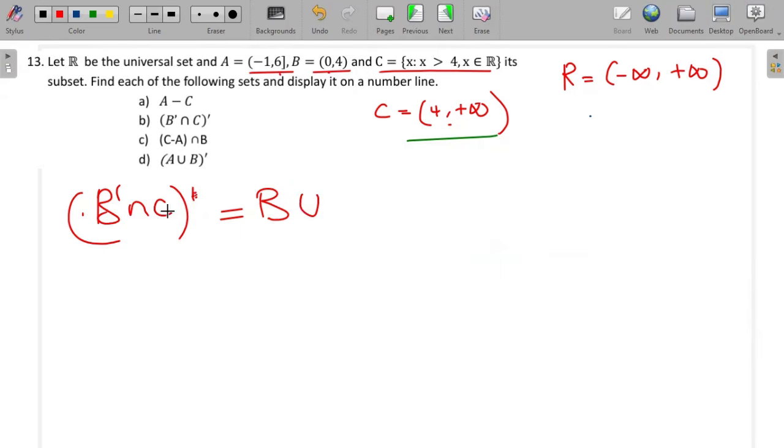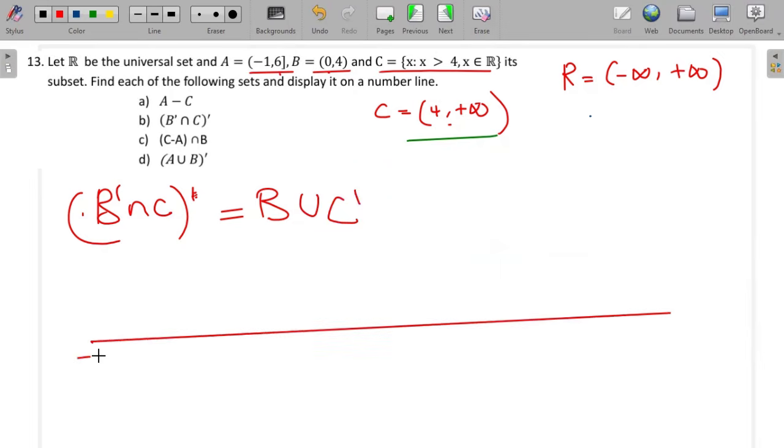And then complement to the C becomes C complement. So now if you draw your universal set, these are not included. My C is from 4 all the way to positive infinity, right?